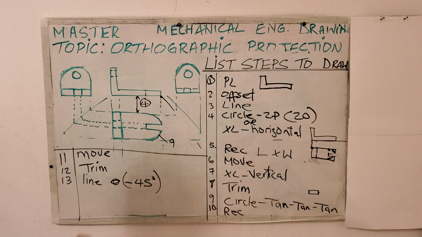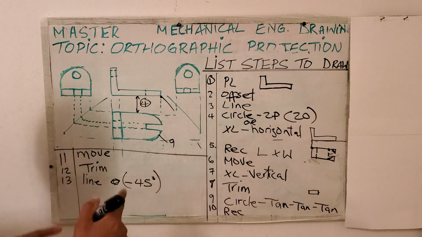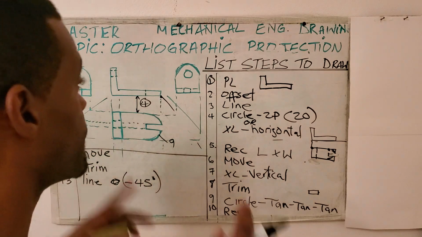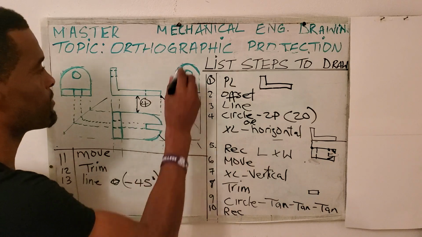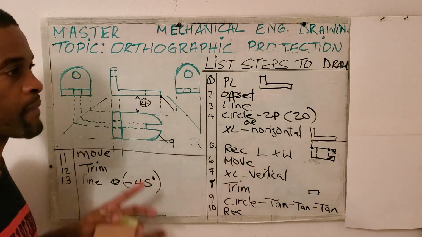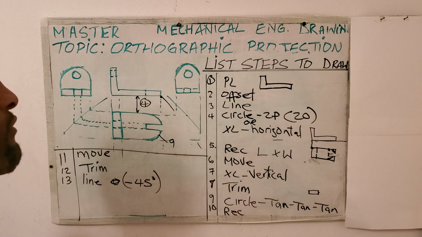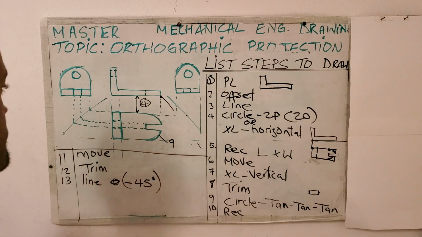Then I would use rectangle. This is an advanced technique. Typically, a person will draw a line here and then bring them up, a line here, but my techniques are advanced. I have discovered a newer technique that I can use to get it much faster.